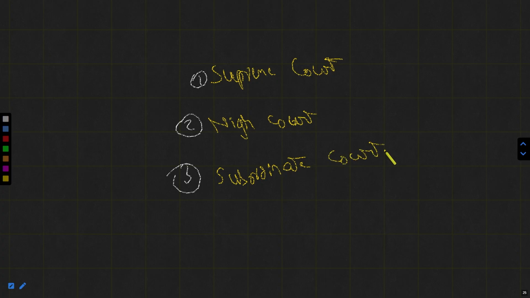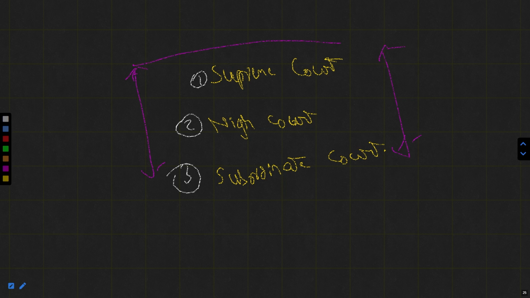subordinate court. Okay, so these are the three types of court we have: Supreme Court, High Court, and subordinate court. But their hierarchy is similar. Subordinate court comes under High Court, which comes under Supreme Court. Similarly, Supreme Court directs High Courts, which direct subordinate courts.